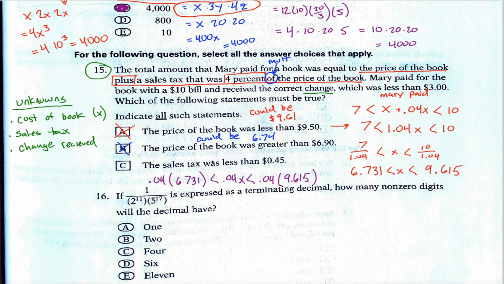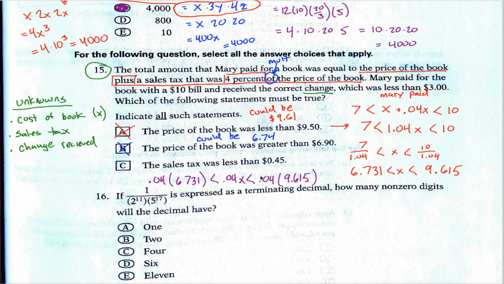If this were a negative number, I could not go multiplying all these things by that value. I'd have to flip the inequalities. But because this is positive, it's perfectly legitimate to do that. Inequalities work just like equalities when you're adding or subtracting to both sides or when you're multiplying or dividing by a positive number. The only time inequalities don't work like equalities is when you're multiplying or dividing by a negative number.